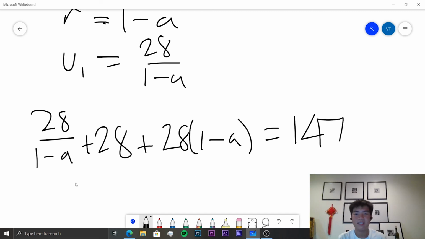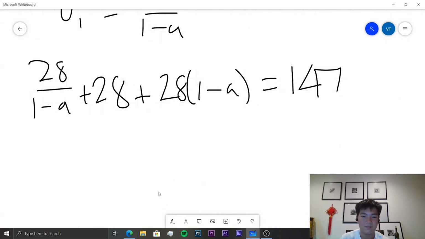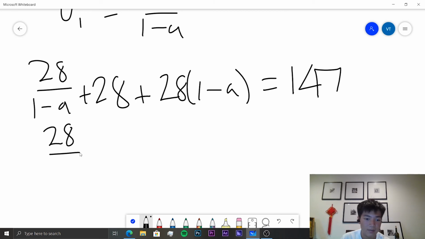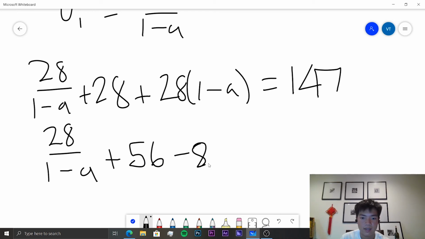This seems a bit cheaty, but I guess this would work. So we have 28 divided by 1 minus a plus 56 minus 28a is equal to 147.